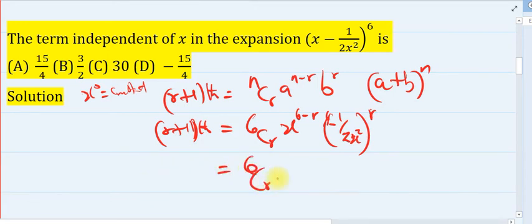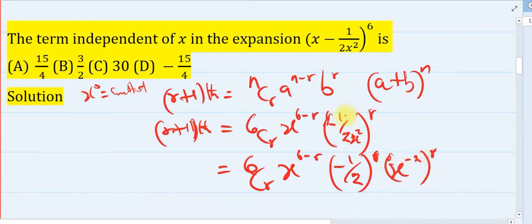This is 6 combination r, times x to the power 6 minus r, times, here you can split this as minus 1 over 2 raised to power r using laws of indices, and 1 over x squared raised to power r, which is the same thing as x to the power minus 2, raised to power r.